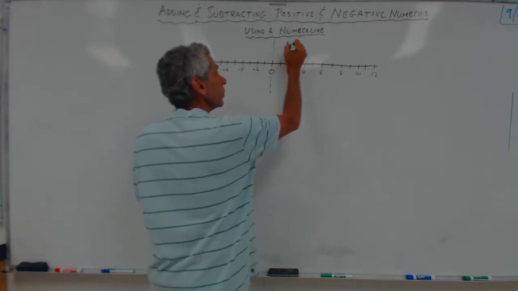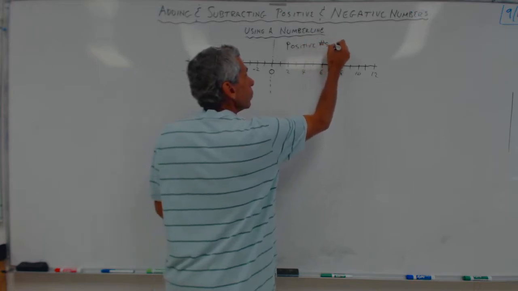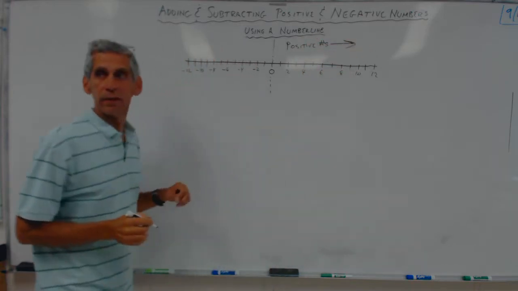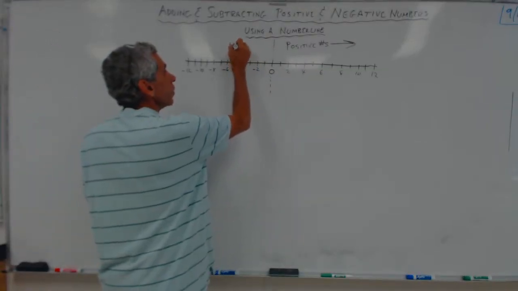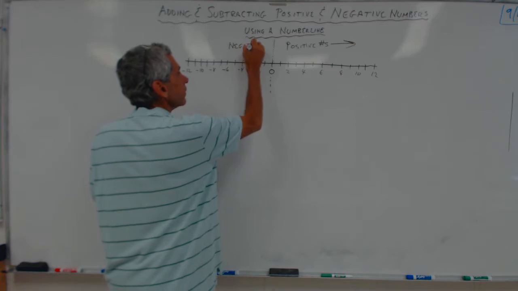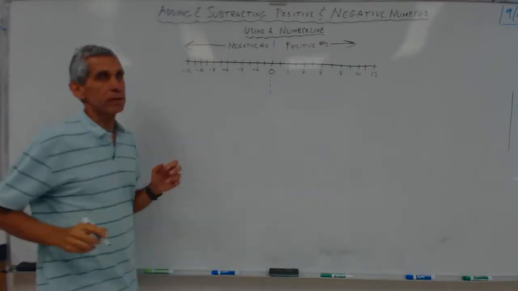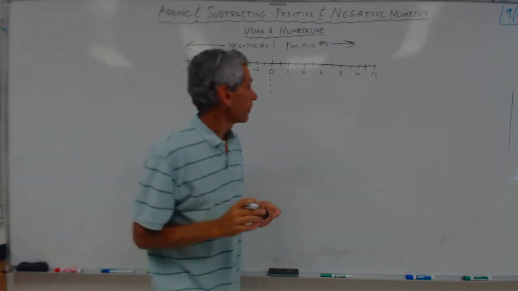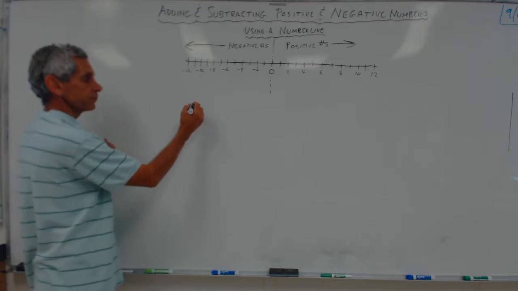So positive numbers move to the right, okay? And negative numbers go to the left. Negative numbers move to the left, right? Makes sense, right?